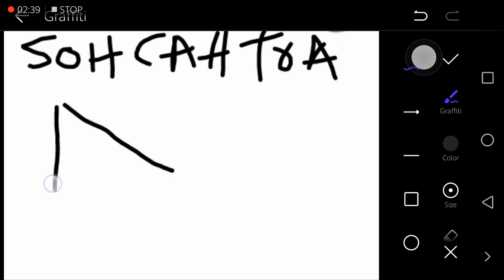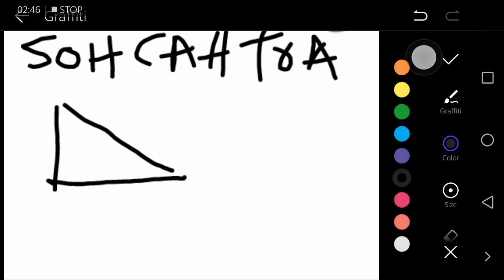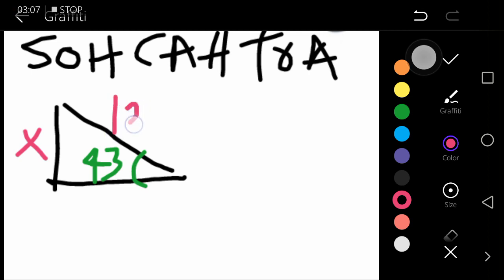Example: the triangle has a degree of 43, okay, 43 degrees, and this is the missing one. The degree is here, so this is the opposite, and this is 12. What is this? This is the hypotenuse.